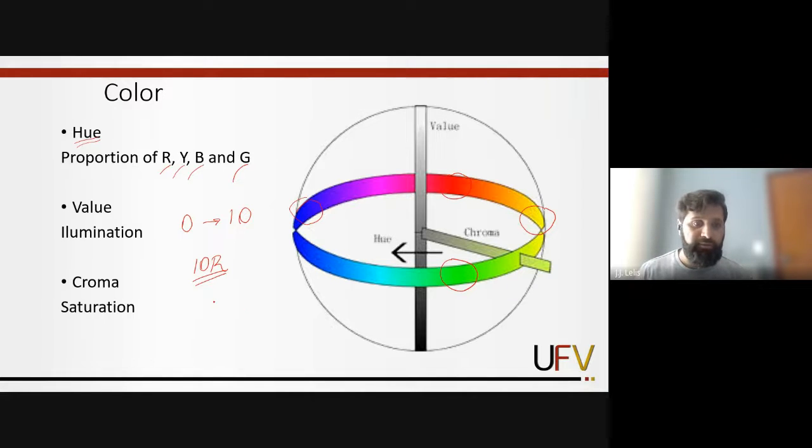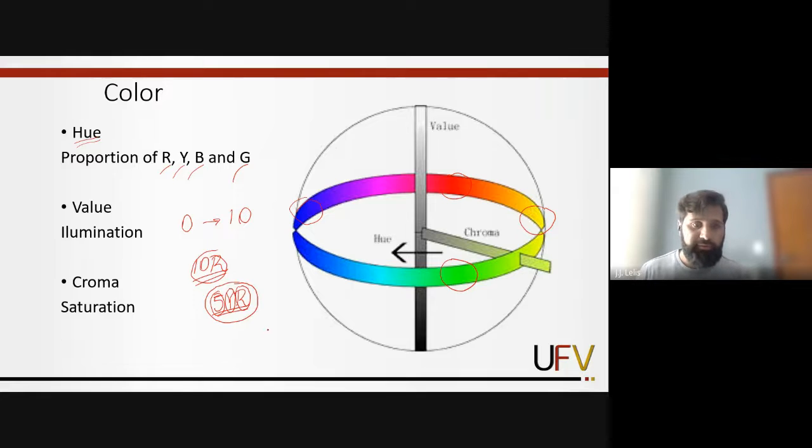But I can use something like 5YR. That's a color that has half yellow and half red. So I have the same quantity of this spectrum and this spectrum. And this soil horizon is more yellow than this one. This is total red, and this is red plus yellow.